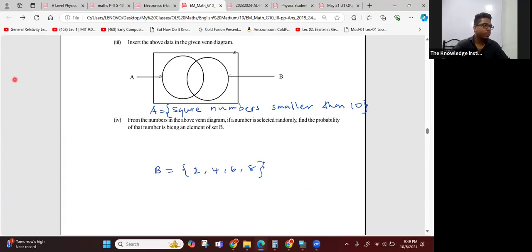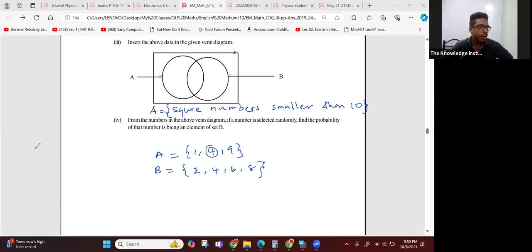So here A is, I write again the listing elements: 1, 4, 9. This is A, and this is B written in the listing elements method. So we can see in both A and B, 4 is common, no? So 4 should be in the overlap, the intersection.